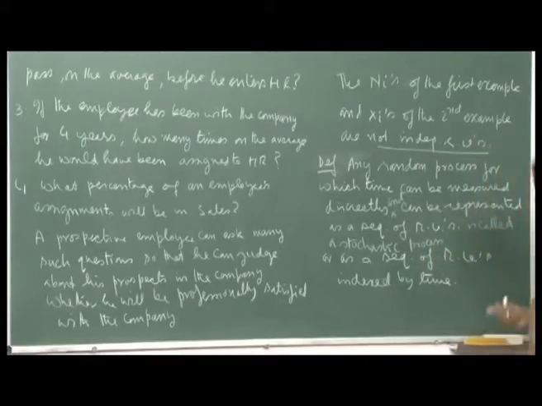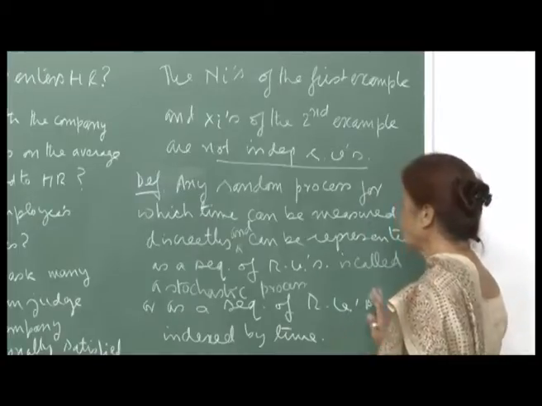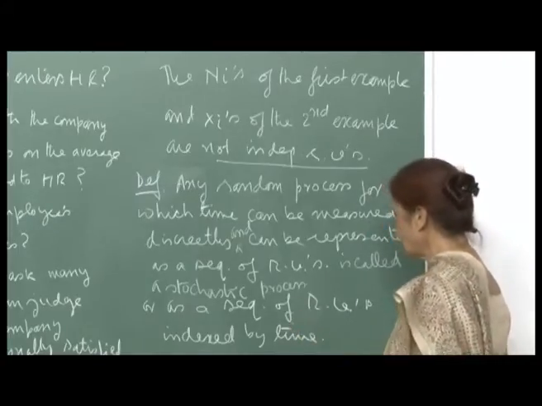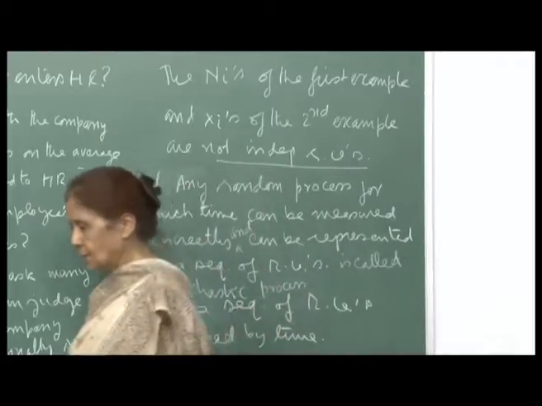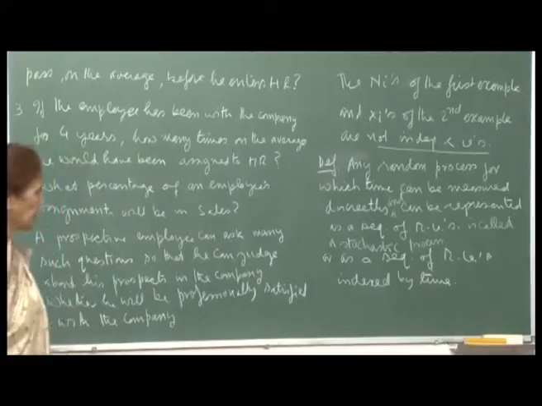Or very simply, you can say it is a sequence of random variables indexed by time. So, a stochastic process, and definitely you can see that it is evolving over time, and then you want to look at its behavior.